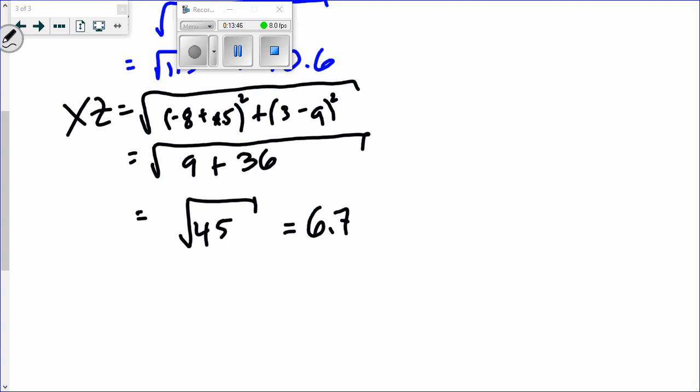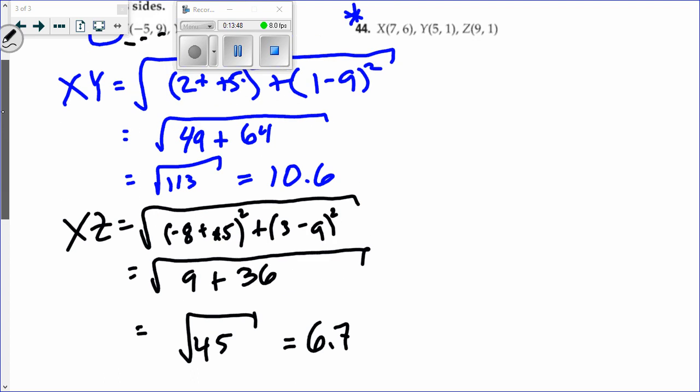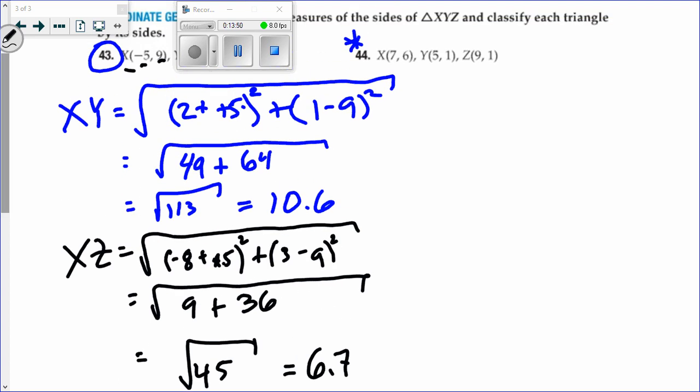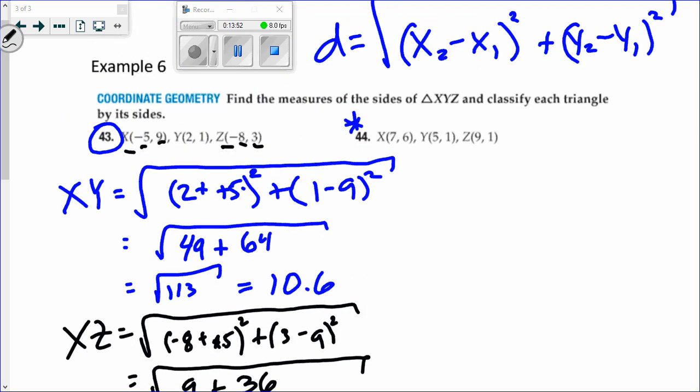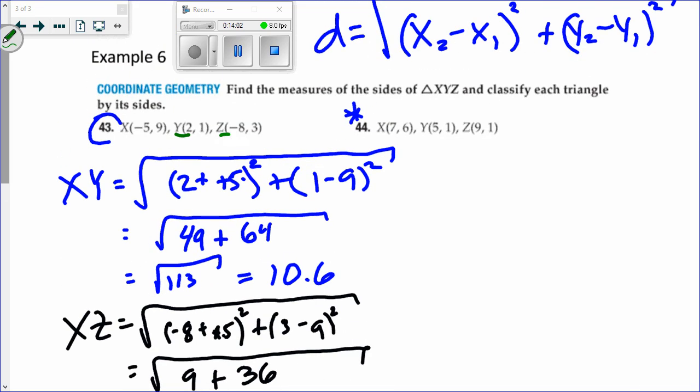All right, we've got to find one more side length here. We found XY, we found XZ. We now need to find YZ. So to find YZ, actually I'm just going to work over here.